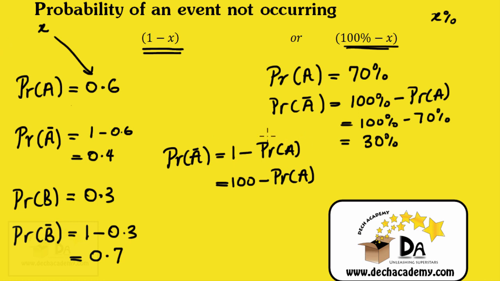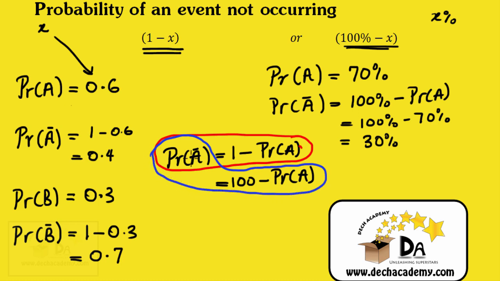So there are two formulas. This first one applies when the probability of A occurring is given as a linear probability. This second one applies when you're given a percentage probability for the probability of A.